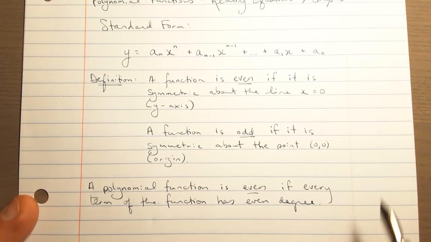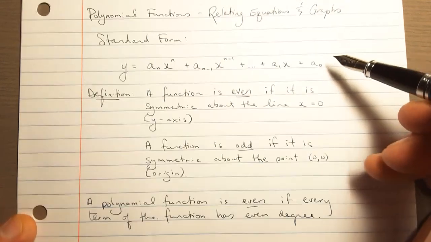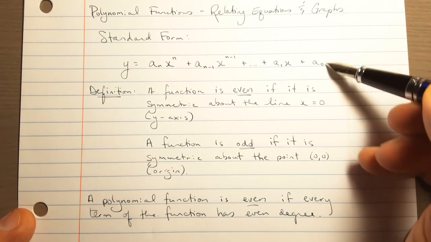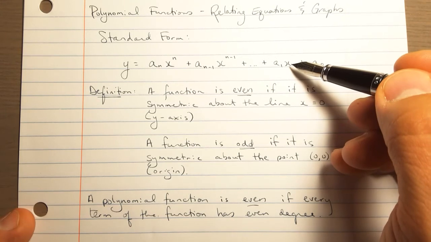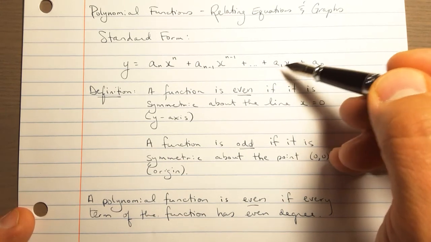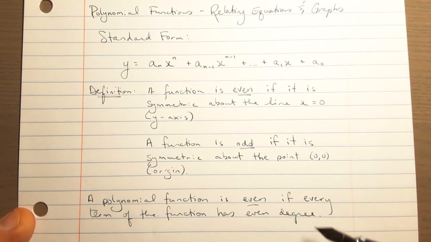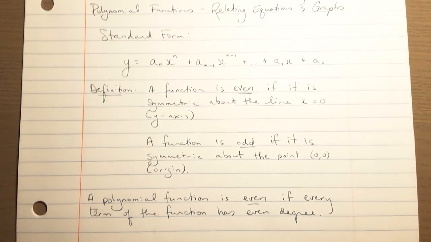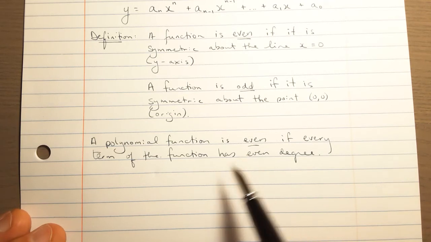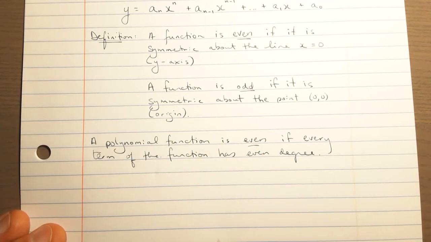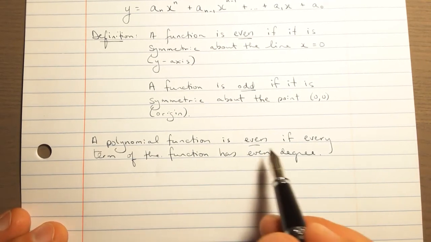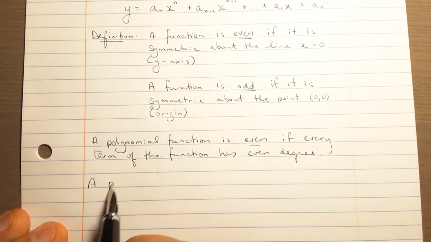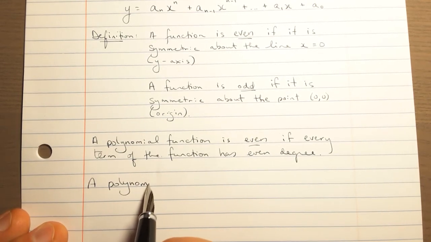And that includes the last term, which is the constant term. So it can have a constant, but for example, it can't have a linear term like 2x in the polynomial if it's going to be an even polynomial function. So every term has to have even degree for the polynomial function to be an even function and to have that symmetry. And I bet you can guess what's coming now.